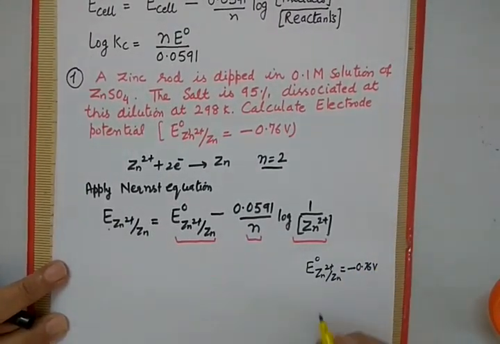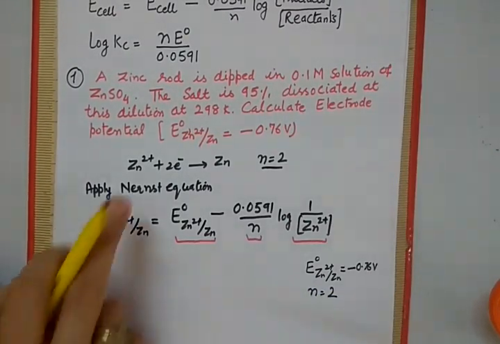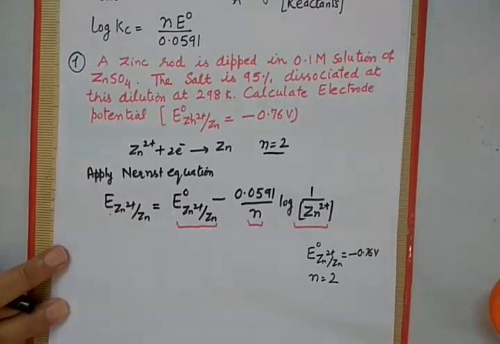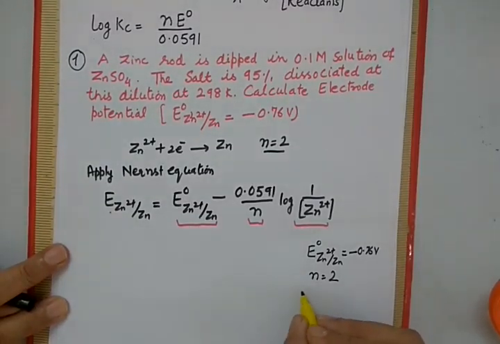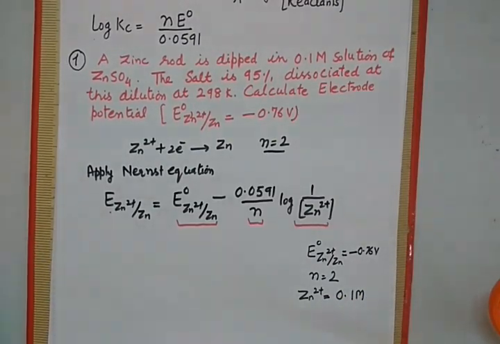It is given to us. The second quantity is n equal to 2 because it is taking up 2 electrons. Now what is the concentration of Zn2+? That is given, 0.1 m. But it is not the effective concentration of ions. It is not completely dissociated.